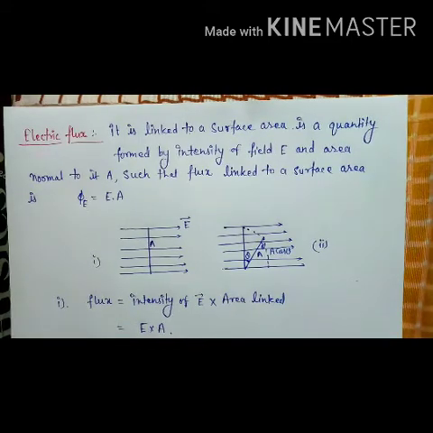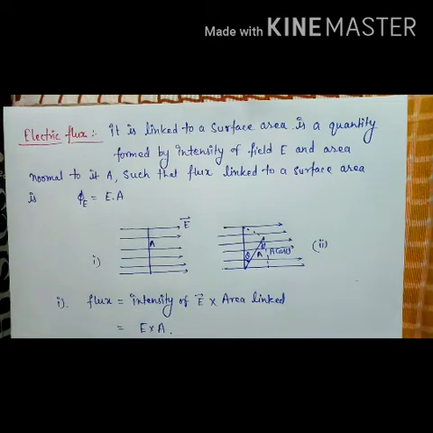Electric flux means the flux linked to a surface area is a quantity formed by the intensity of field. And what is intensity of field? Intensity of field means electric field lines per unit area. How many electric field lines pass over a unit surface area, that is the intensity.